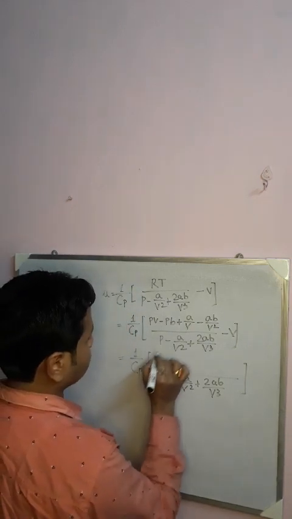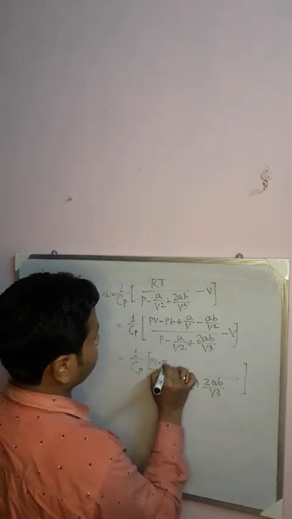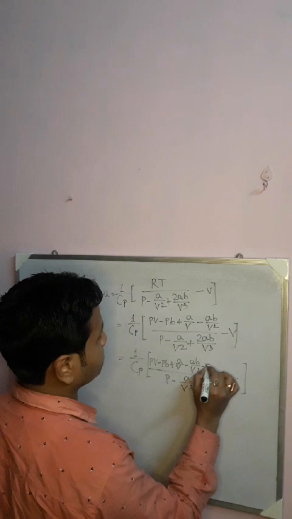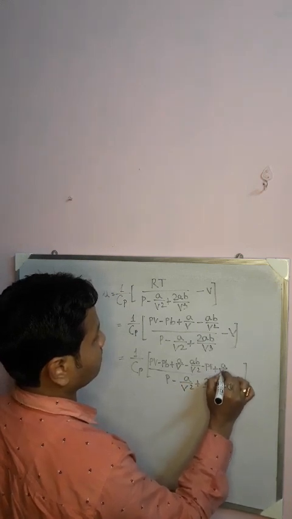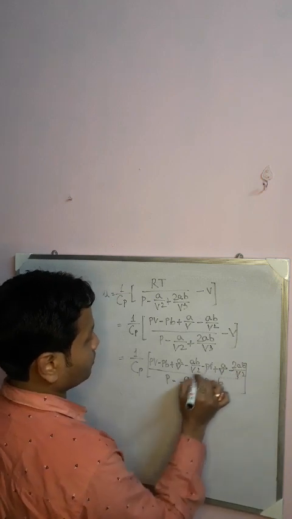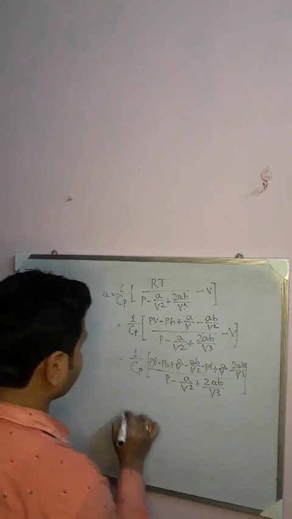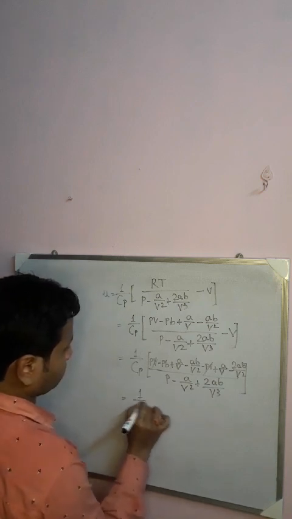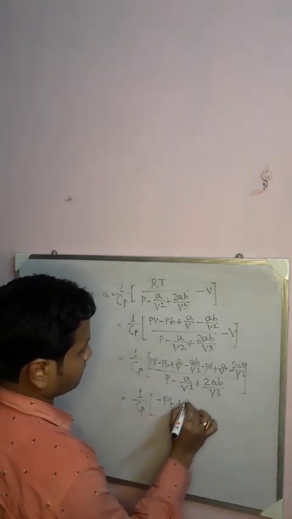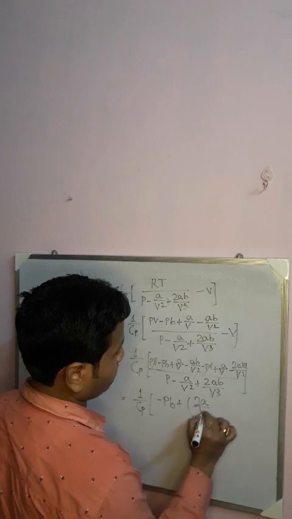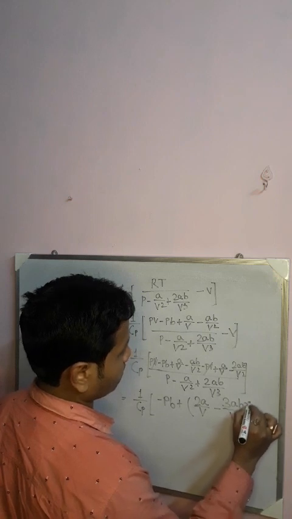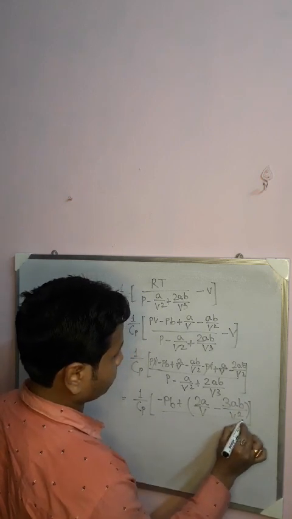If we simplify it, we get PV minus Pb plus a by V minus ab by V square, minus PV minus a by V plus 2ab by V square. So PV cancels, and what we get is 1 by Cp times minus Pb plus 2a by V minus 3ab by V square.